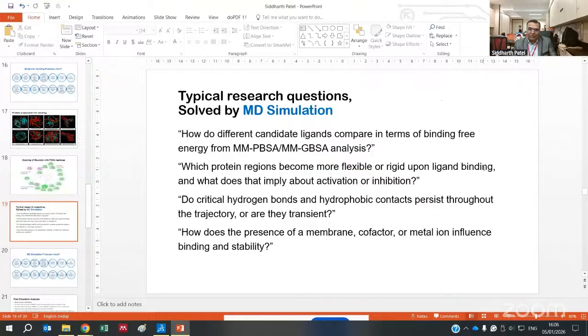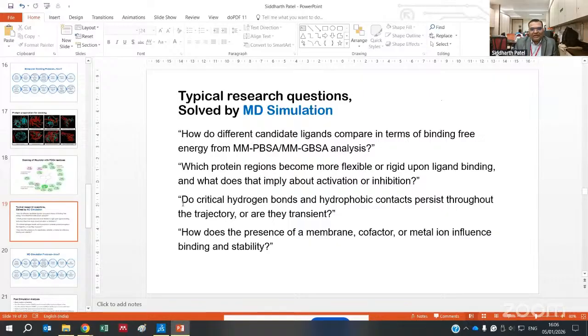So we have seen the protein and the ligand when they are binding, giving interaction, which part of the protein or which region becomes rigid. Many a time it happens that a loop is involved in the interaction, and if the loop is involved, the flexibility is lost and the protein becomes rigid. So this kind of study can also be performed.